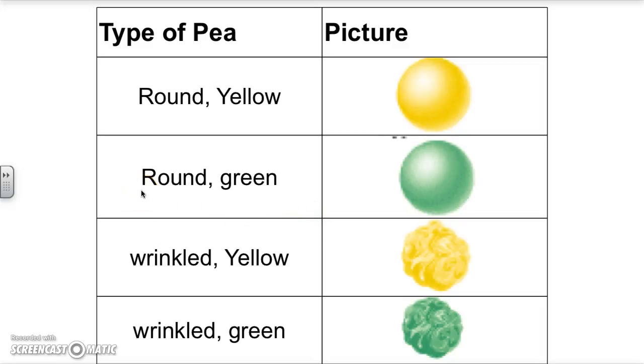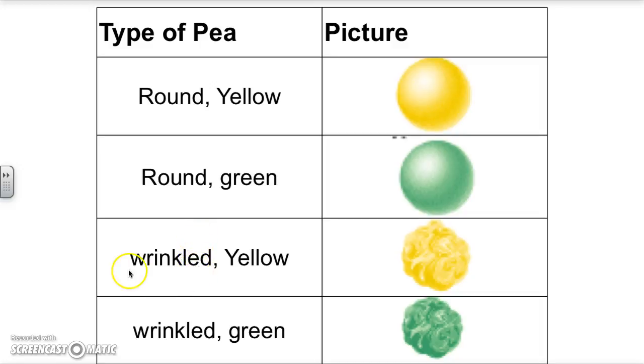Now its genotype, I would then explain, is one capital R and then either an R capitalized or an R lowercased. And then we know that the next two alleles are little y and little y because green is the recessive color allele, so we know that both of those alleles are lowercase y.